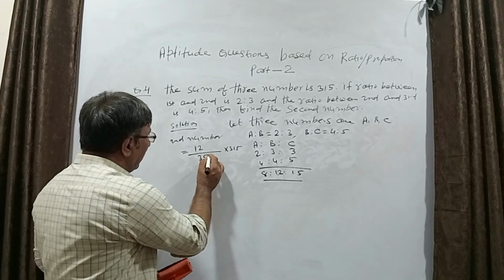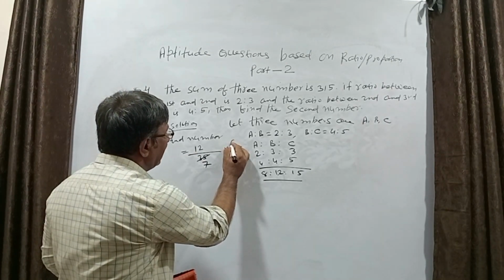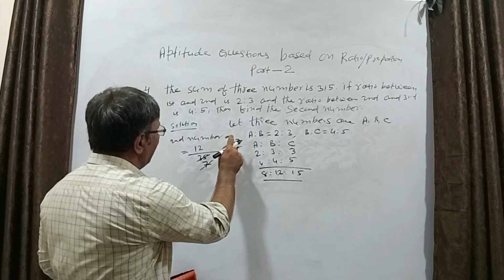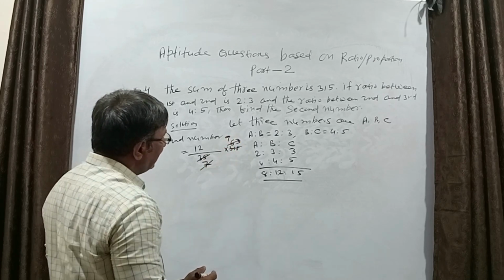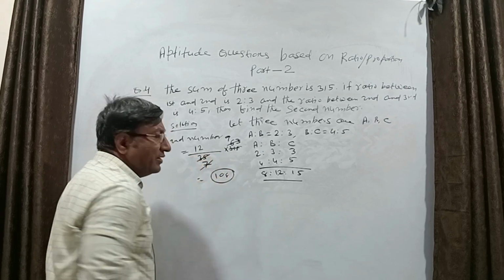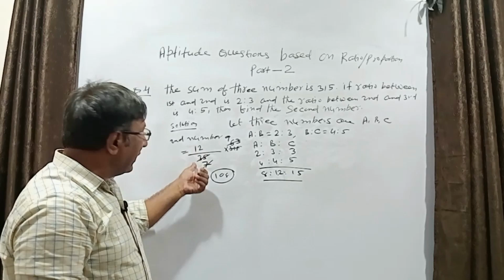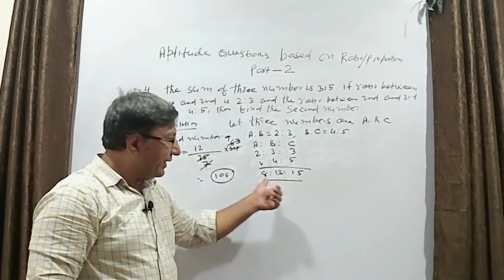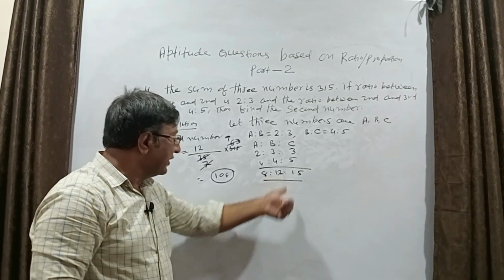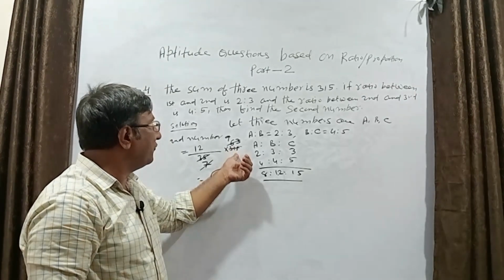So 12 upon the sum of all ratios 8 plus 12 plus 15, which is 35, and then the total number which we have to divide, 350.